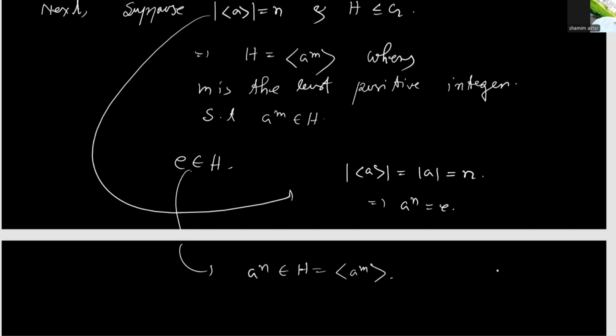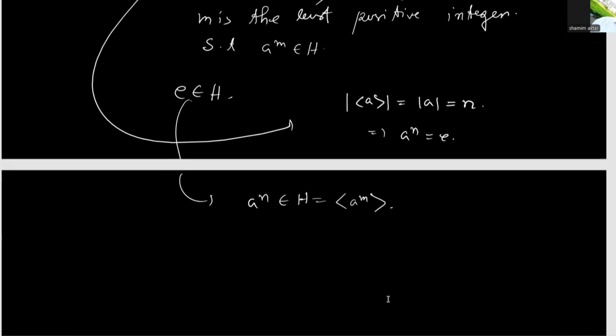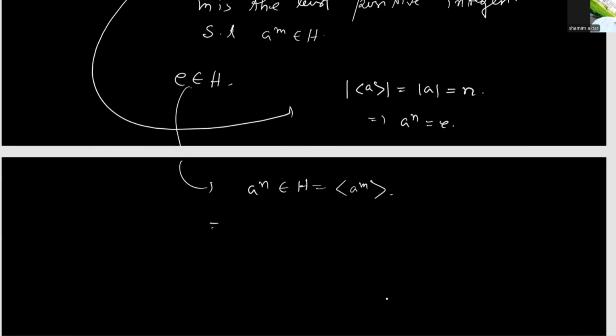So this implies n equals mk for some k, because every element of H is of the form A to the power m times some k.